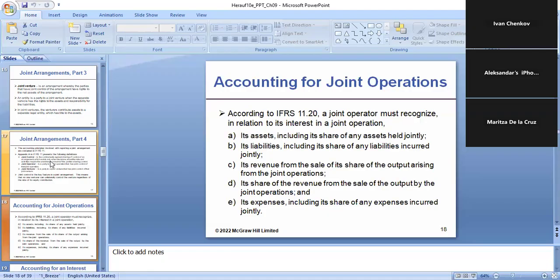Revenue from the sale of the share of the output arising from the joint operation, share of the revenue from the sales by the joint operation, and expenses, including its share of any expenses incurred jointly. So everything that the joint operation generates has to be reflected in the operator's statements.